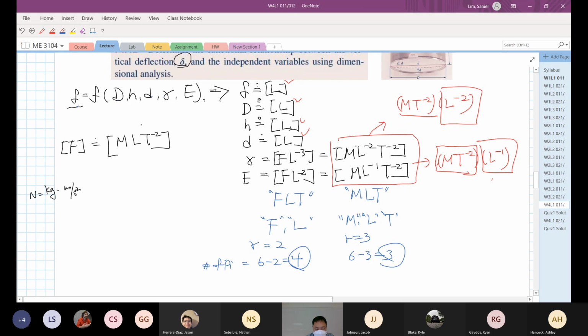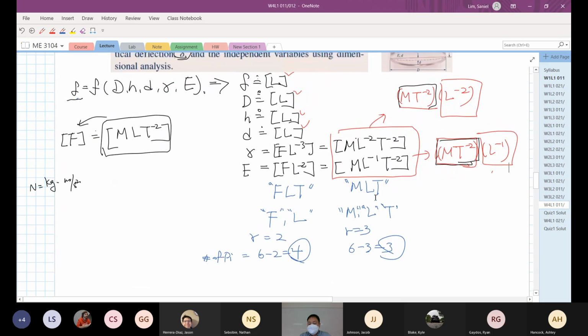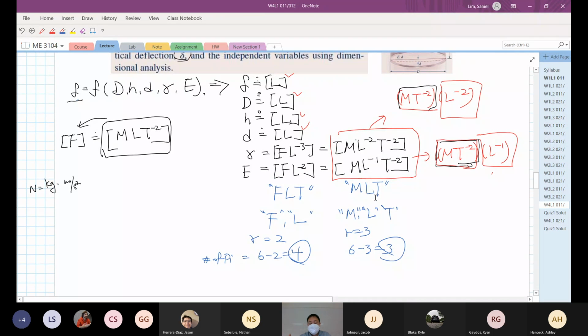It's the set of units that can represent the F here. Same here. This whole combination M T to the minus 2 actually acts as one single dimension. So you can say the number of reference dimensions is 3 here. It's actually 2. Therefore, you will have the same 4 pi terms out of the analysis.